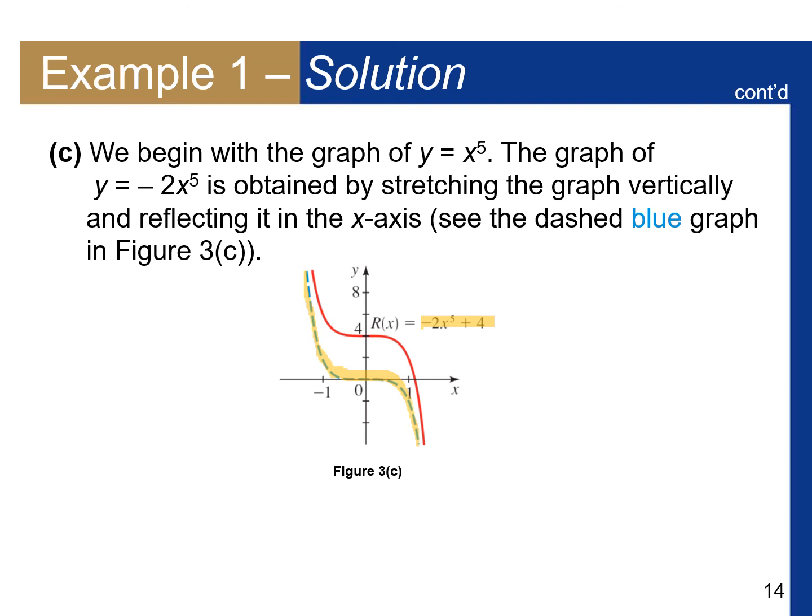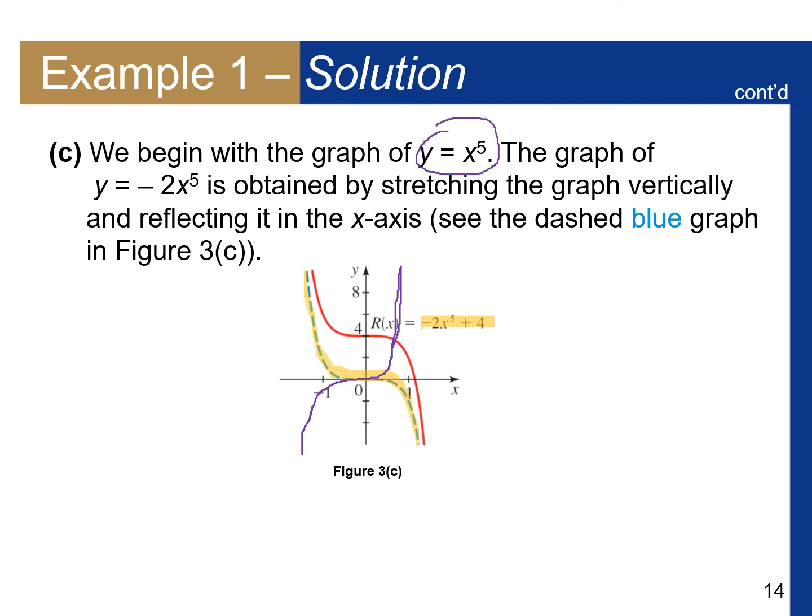Let's use purple. Okay, so this actually comes up here. And again, my art is not the best. Like that. Okay, so that would be my y equals x to the fifth that's shown right here.